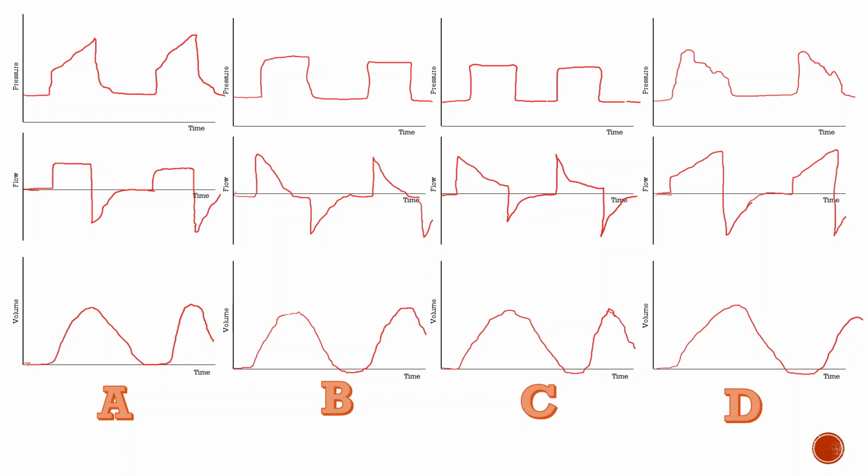It's either A or D. Probably D. Anyone else want to throw in a guess? Anyone confident or has an idea or wants to start a discussion on this? It's pressure support, yeah, pressure support.